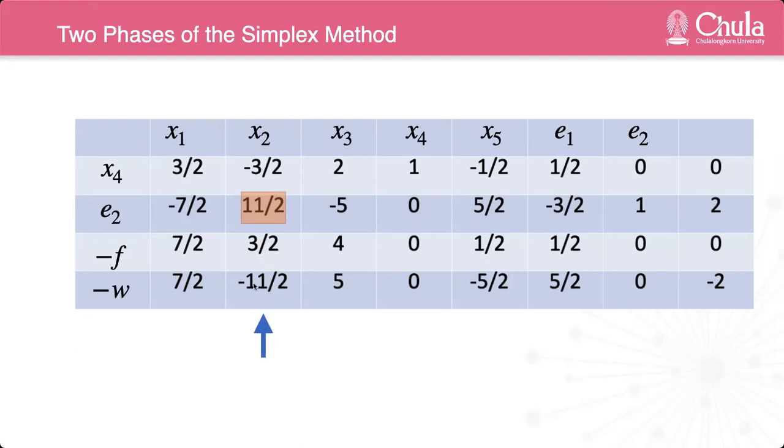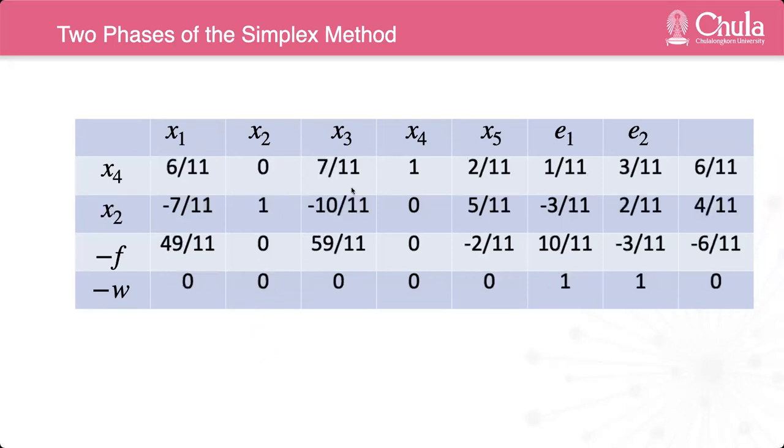And this is negative, so we don't consider removing x4. We remove E2 instead, and we render this table such that we have 0, 1, 0, 0. And this is the result.